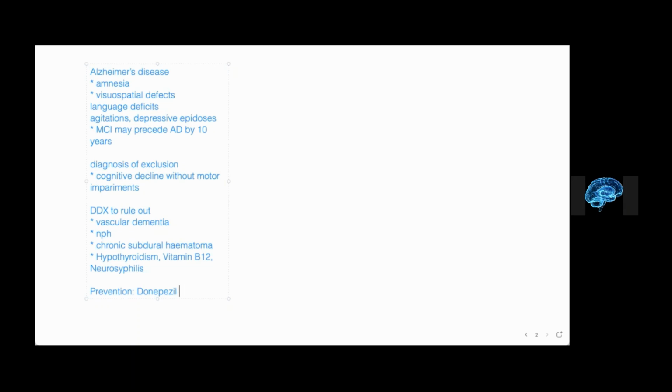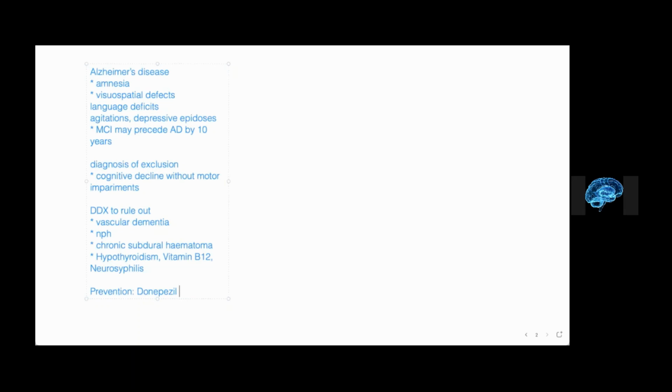So how it works is that people think that there is a lack of acetylcholine in the synaptic space, between the presynaptic and the postsynaptic junction, in that little space if you did neuropharmacology. And basically donepezil increases acetylcholine concentration in that space, and that's thought to prevent progression of disease.